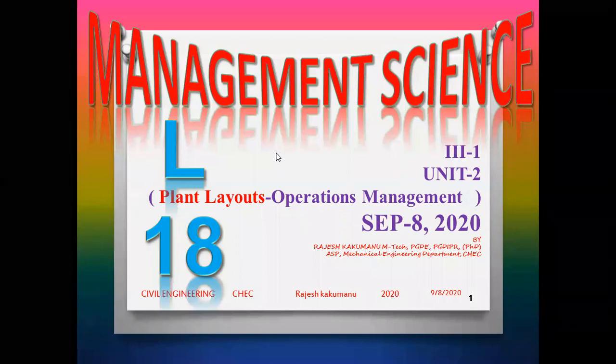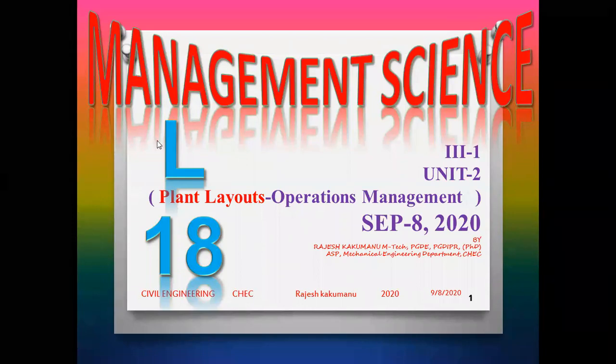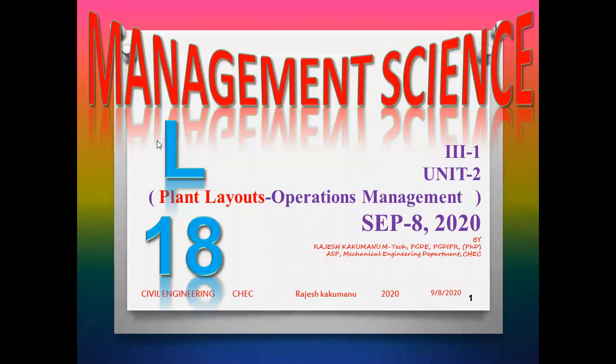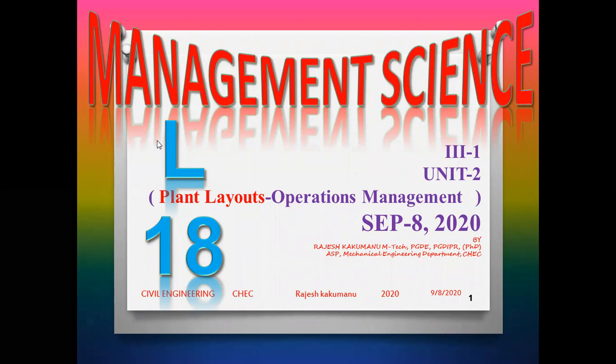In the initial classes we had studied what the scenario of operations management is, what the scope of operations management is, how the operations manager takes decisions, what the types of operations are, and the concepts of goods and services and their comparison.